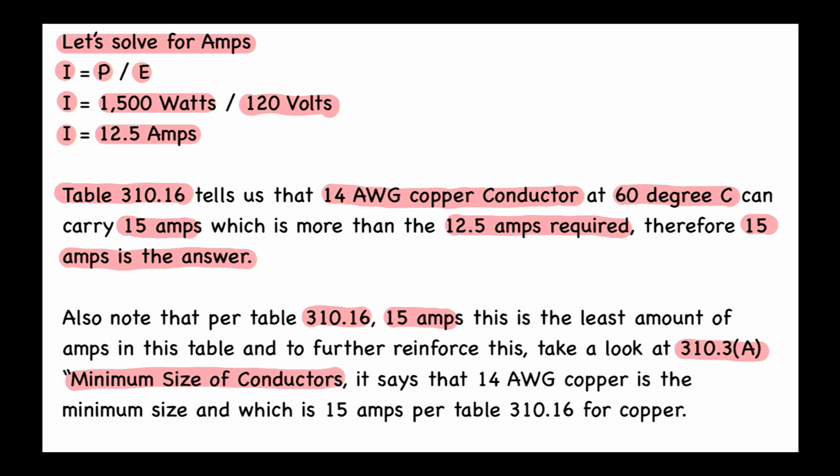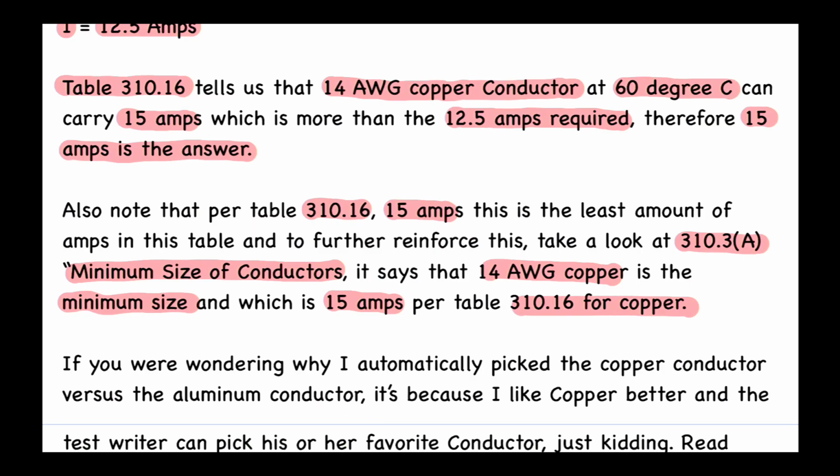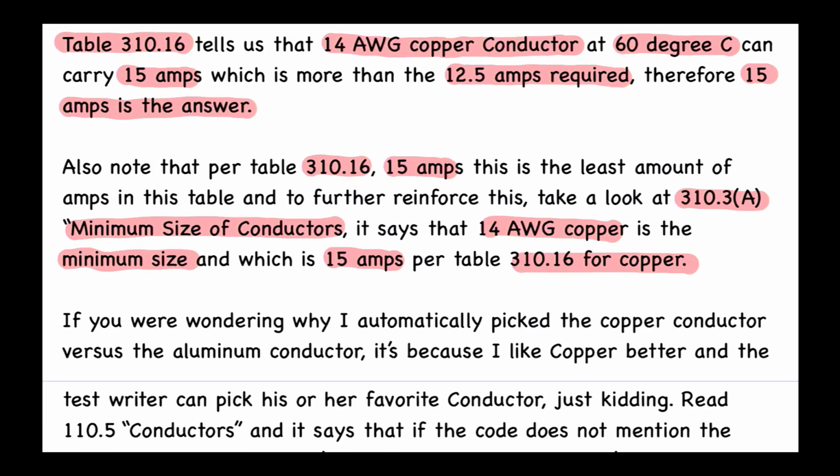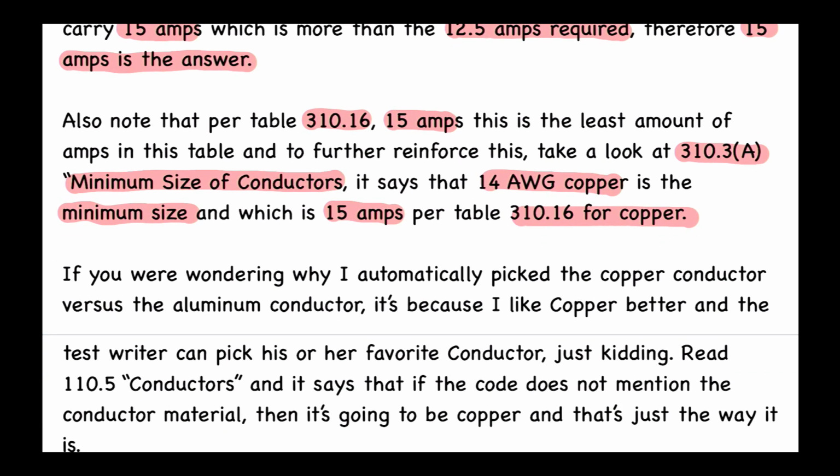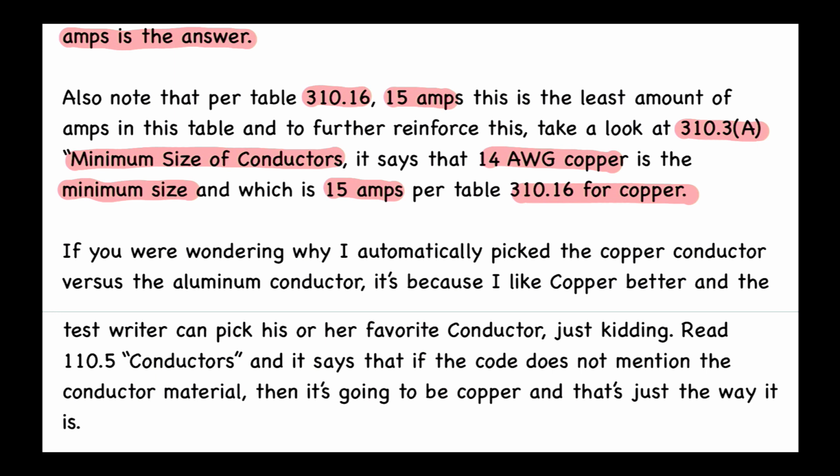It says that 14 AWG copper is the minimum size, which is 15 amps per Table 310.16 for copper. If you were wondering why I automatically picked the copper conductor versus the aluminum conductor, it's because I like copper better, and the test writer can pick his or her favorite conductor. Now, I'm just kidding about that.